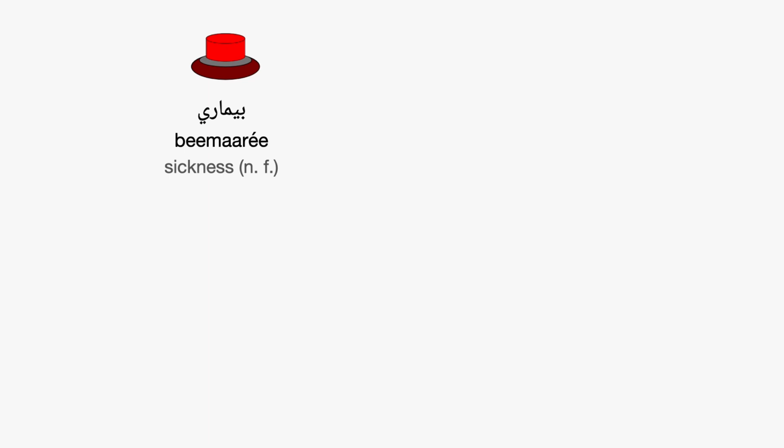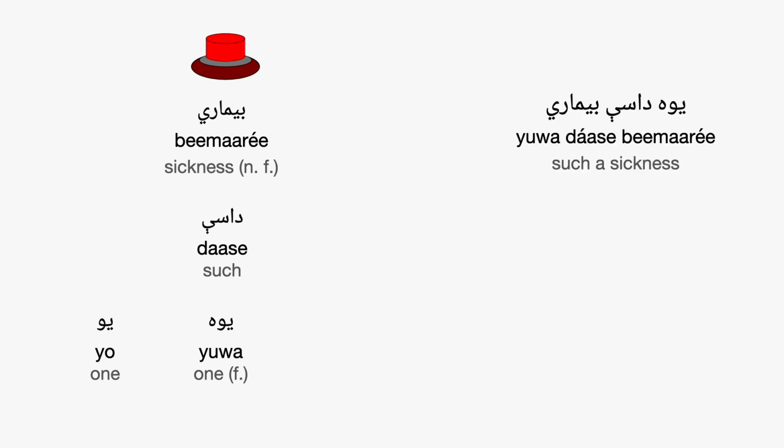Bimari, it's talking about sickness, and such a sickness. That's kind of a determiner he uses there. And then he also says the word yo for one. Now, he doesn't do this in this poem, but often people will inflect the word one as well to be yoa. So yoa dasi bimari is the noun phrase that we're using.